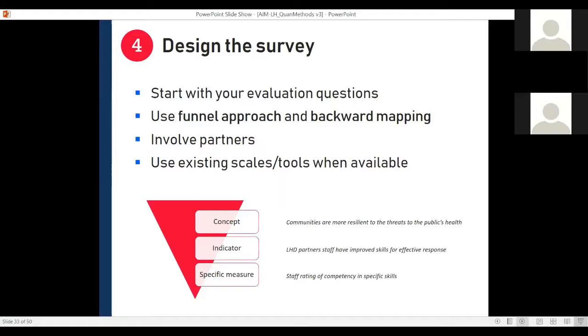So when you can, look for existing items or scales. You can look at national surveys, see what kind of questions were used to assess the topic that you have in mind. And then always ask around to colleagues and partners. See if you can get examples of similar surveys from other people. It's just helpful not to reinvent the wheel.